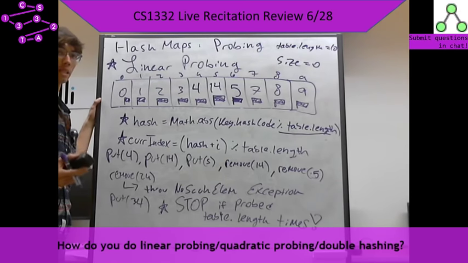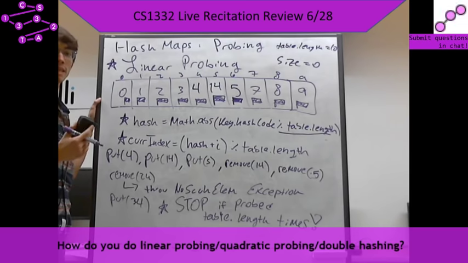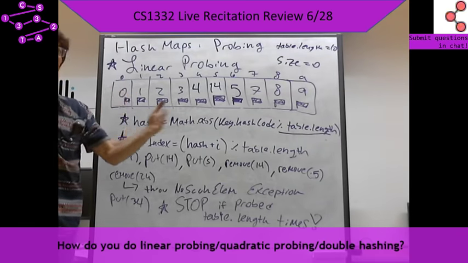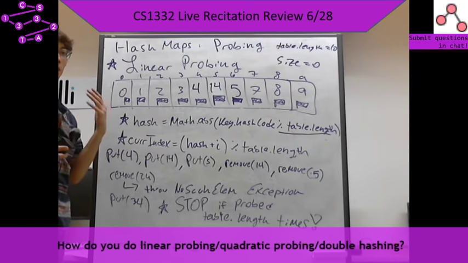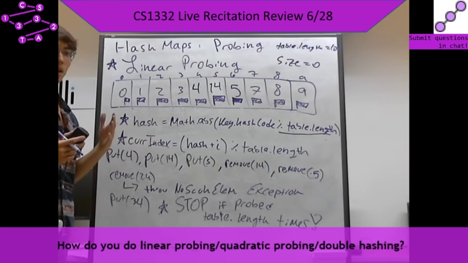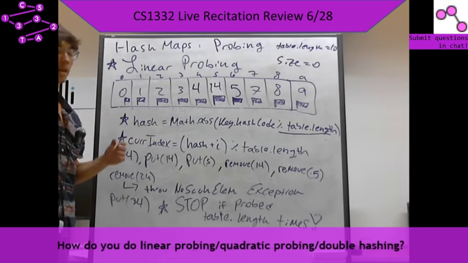One of the nice things is that if you hit a matching key that's already been removed, you don't have to continue to probe to null, because it's not possible for that key to be present anywhere after the matching one that you just found.